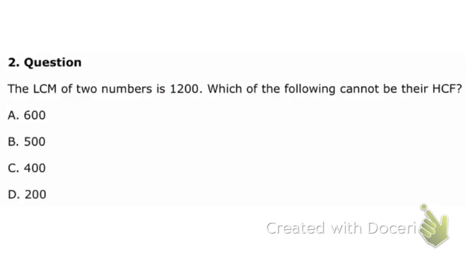What is the next question here? The LCM of two numbers is 1200. There are two numbers, LCM is 1200, and which of the following cannot be their HCF?